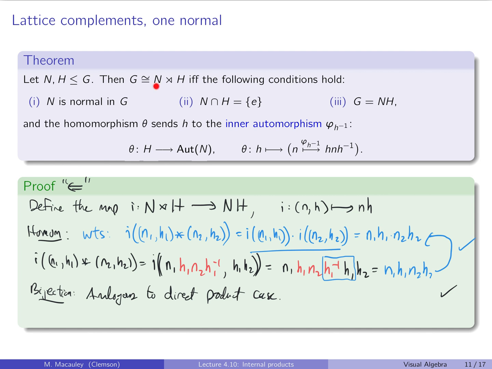We can say, well, N is normal in here, so therefore, there's the subgroup N. I'm going to actually write it as N cross the identity. That's going to get mapped to N. And so if this is normal, that's going to be normal. Because this is an isomorphism, this normal subgroup gets mapped to a normal subgroup here.